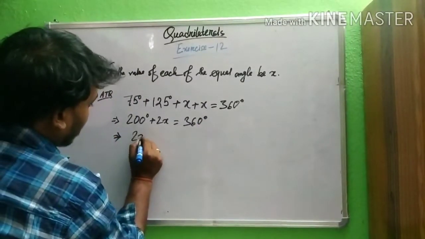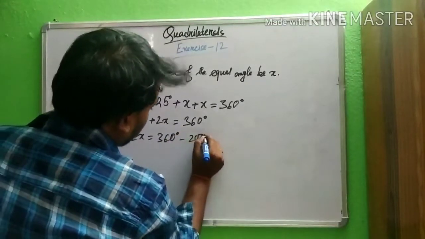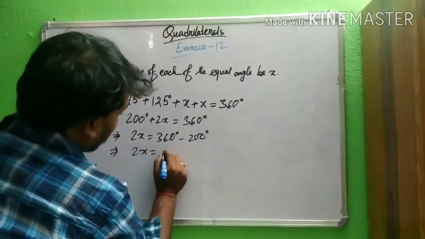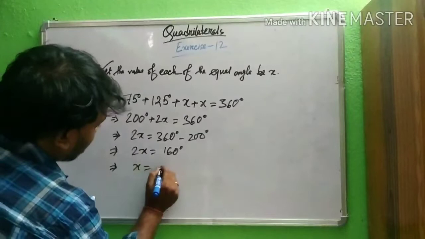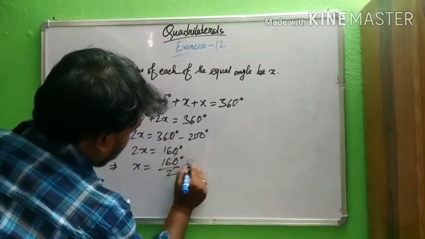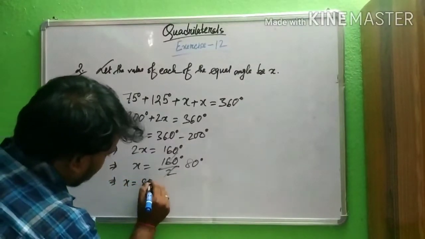So it becomes 2x equal to 360 minus 200, which implies 2x equal to 160, which implies x equal to 160 by 2, that means 80. Therefore x equal to 80 degrees.